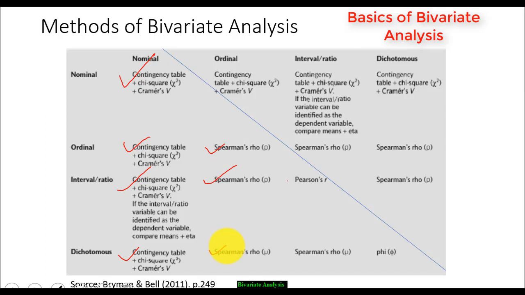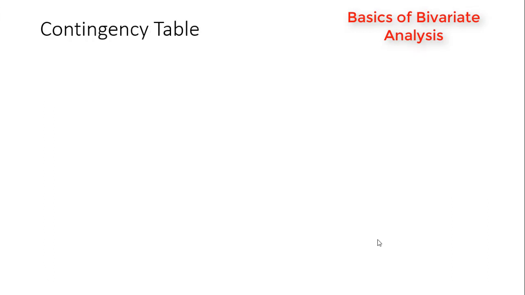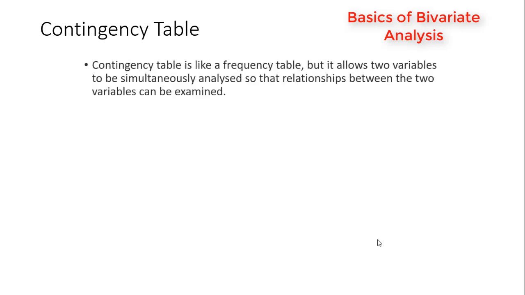Pearson's r is used for interval and interval ratio variables. Spearman's rho is used for dichotomous and interval ratio, and phi is used for dichotomous variables. Compare means and eta can also be used to find the association or relationship between an interval variable and a nominal variable. Let us begin one by one.